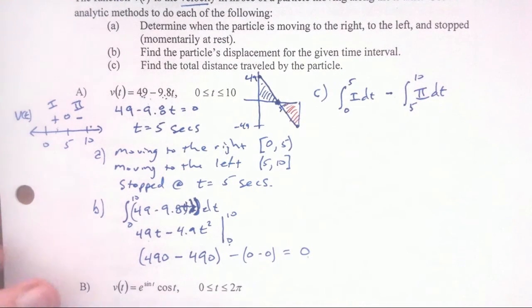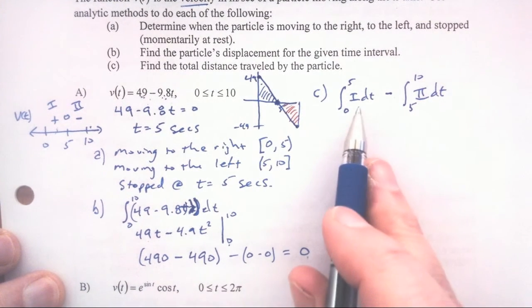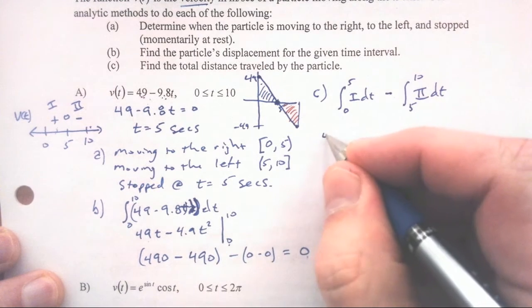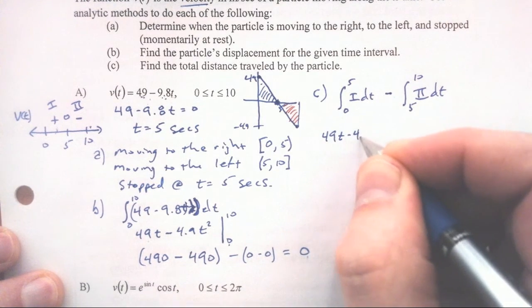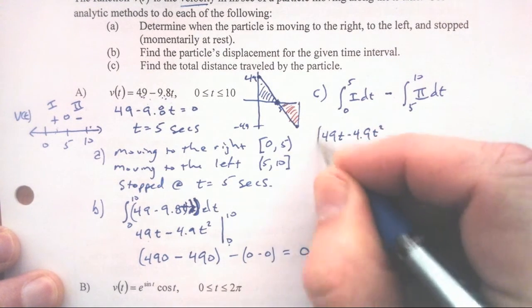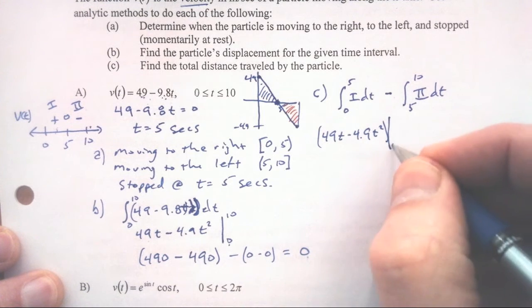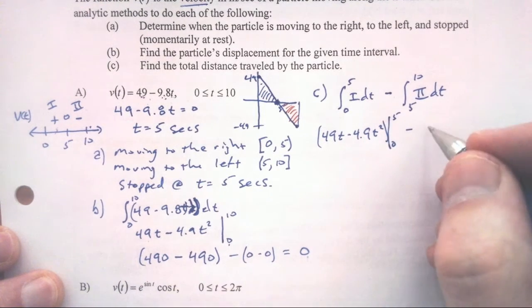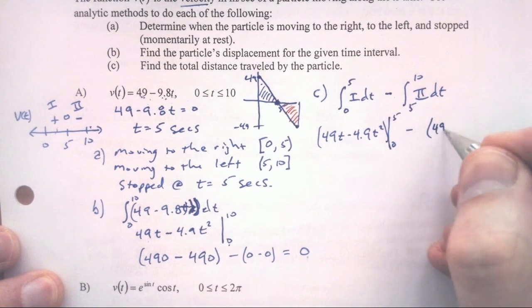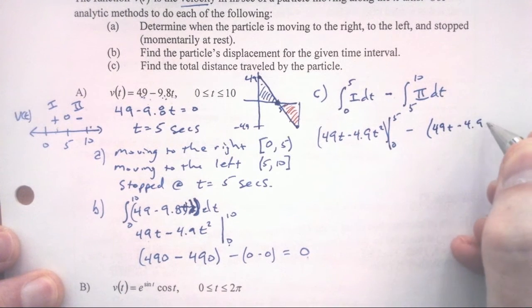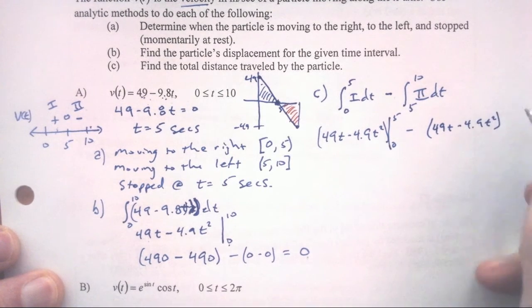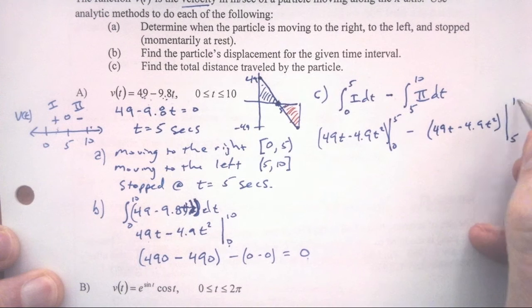Here's the good news. We've already got our integral of these two things. So basically, I need 49t minus 4.9t squared from 0 to 5 minus 49t minus 4.9t squared from 5 to 10.